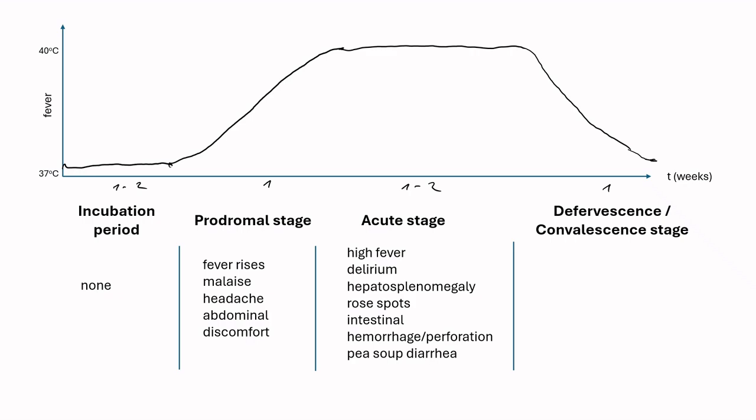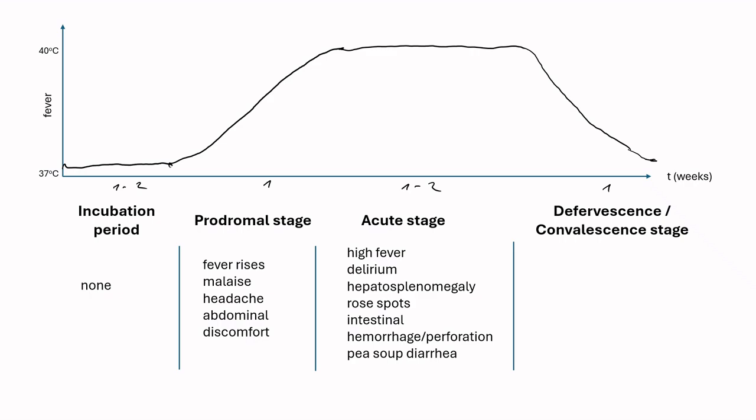We have hepatosplenomegaly, so enlargement of the liver and of the spleen. And very characteristic of typhoid fever are these rose spots, so-called roseolae, which are found mainly on the abdomen. Rashes obviously occur in different diseases, but these ones are really very characteristic of typhoid fever.